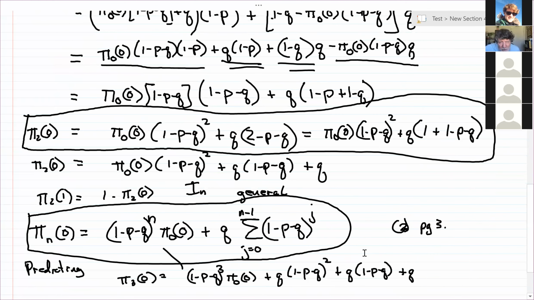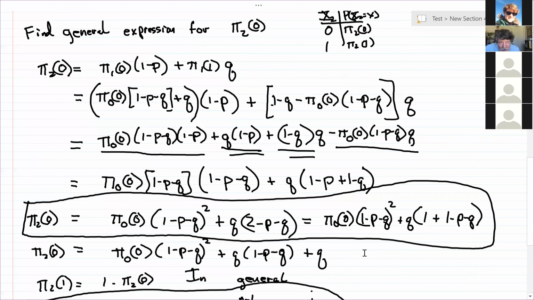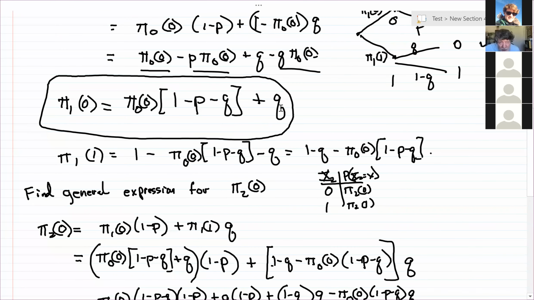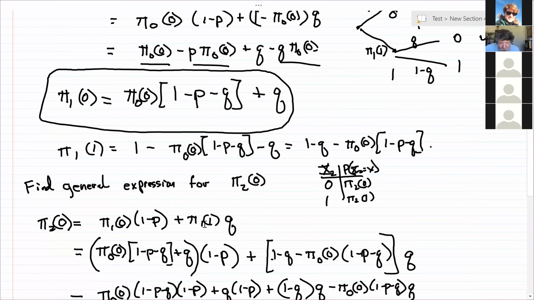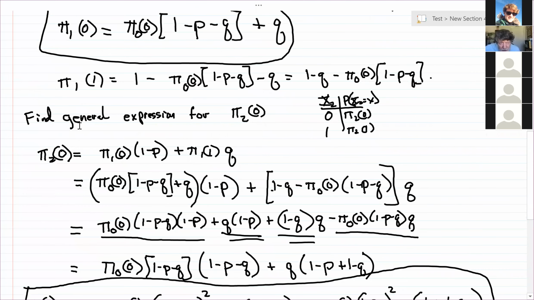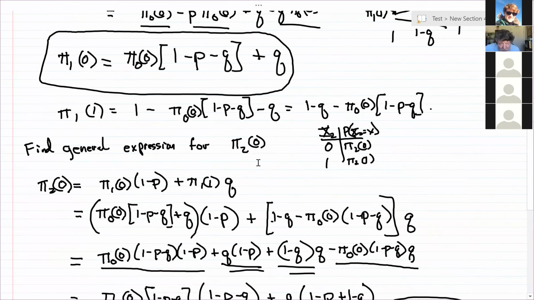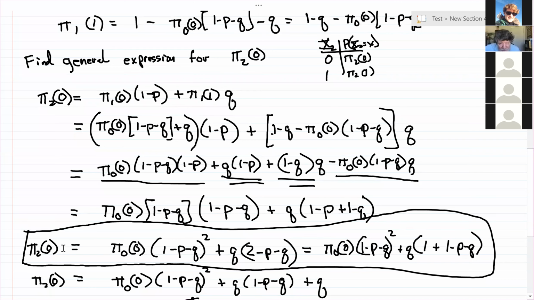Okay, so where was I? So we actually went through the calculation. We boxed this formula. That's the chance of being at state 0 on day 1. And then the probability of being at 0 on day 2 turned out to be this formula.